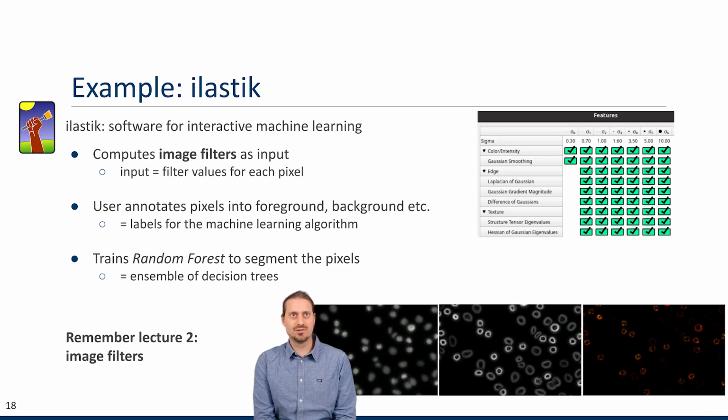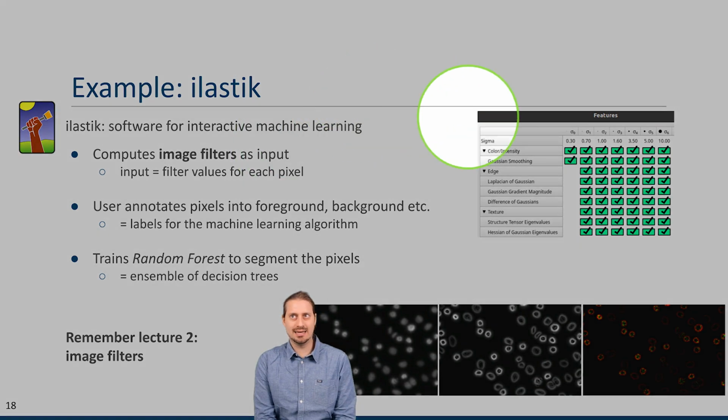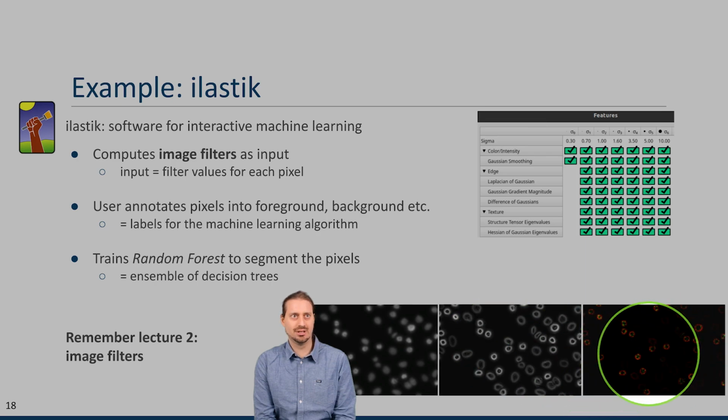If we go through these different steps, we've seen the image filter concept in the second lecture, and in Elastic you can select all kinds of filters that are applied to the image. These are smoothing filters, which we already discussed, also edge filters and texture filters, but basically these highlight different aspects of the image. And you can see these smoothed, edge filtered or texture filtered examples down here.